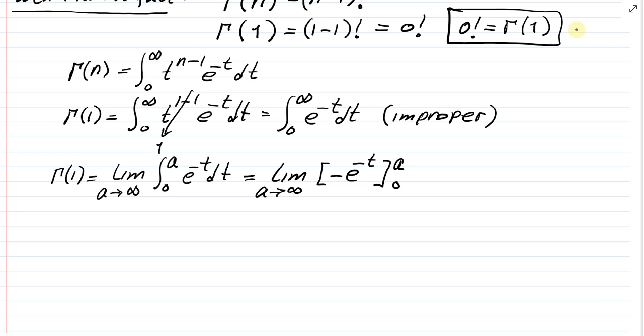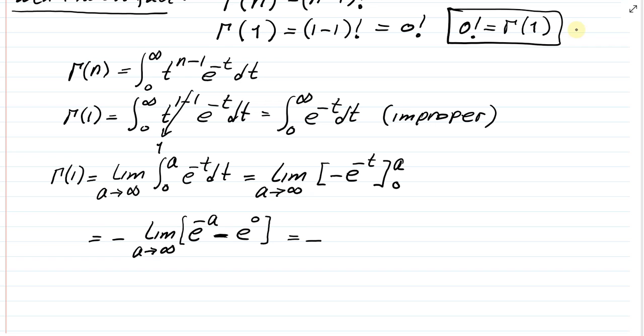Now, of course, I can bring the negative outside and simply do the limit as a goes to infinity of e to the negative a minus e to the 0. And at this point, I'm doing the fundamental theorem of calculus, the upper minus the lower limit. Now, if we take the limit here, the limit of a difference would be the difference of limits.